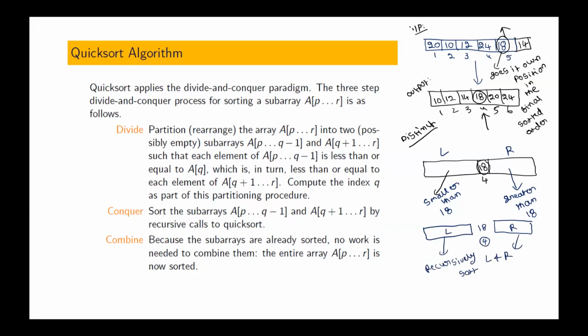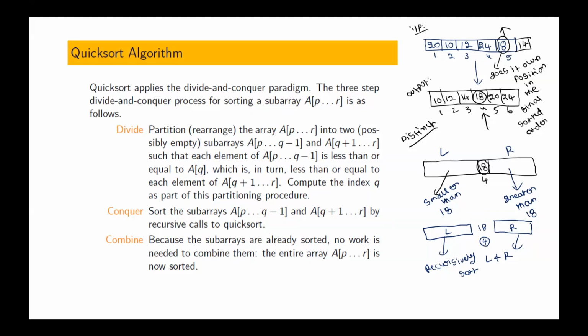Can you recall whatever you learned in Quicksort? So what happens in Quicksort? Only one important point. We consider one element as the most important element. With all other elements in that array, we compare with that element and ensure that the selected element goes to its own position in the final sorted order.